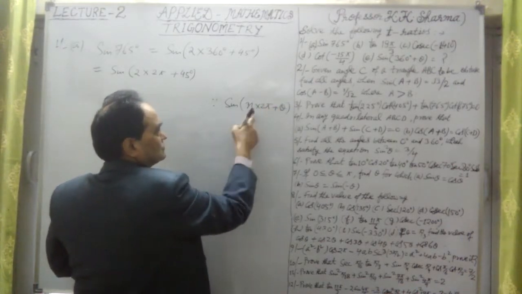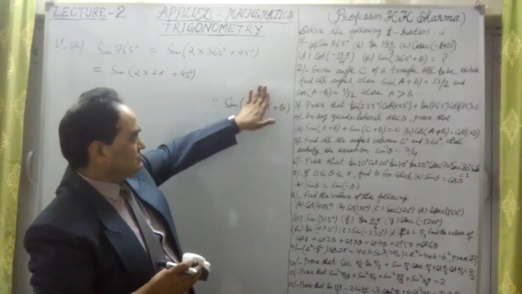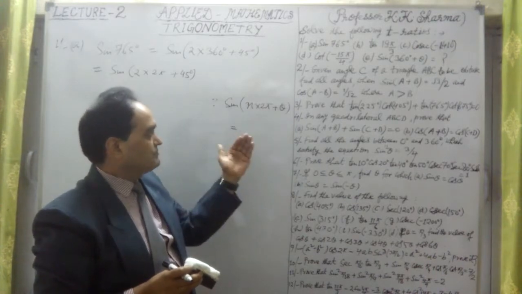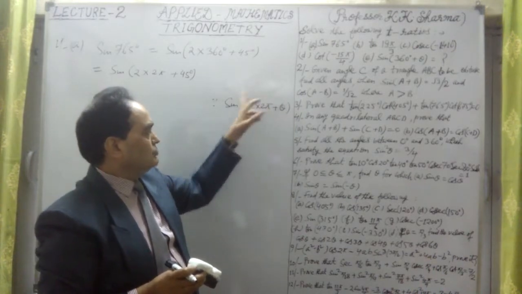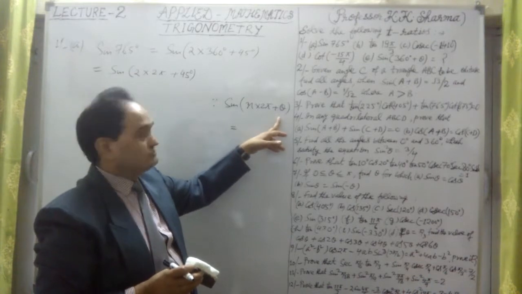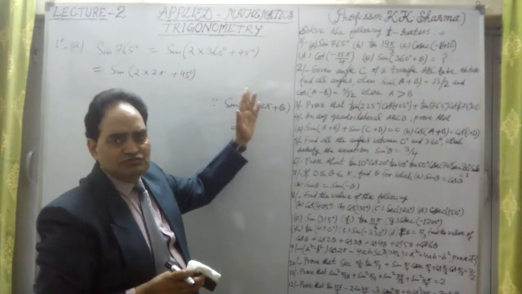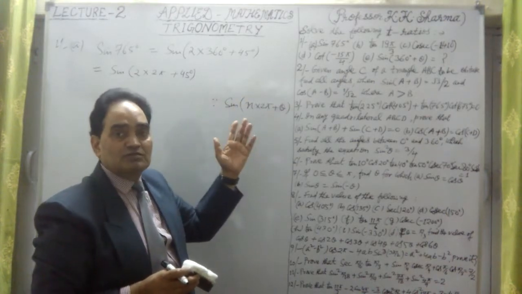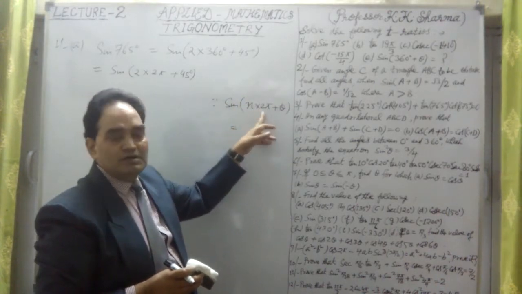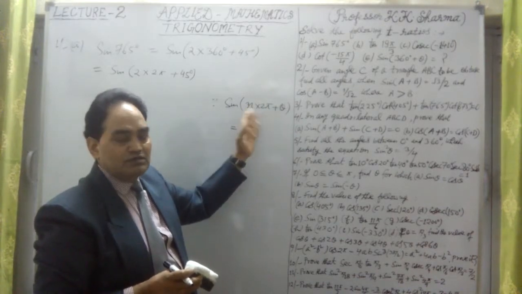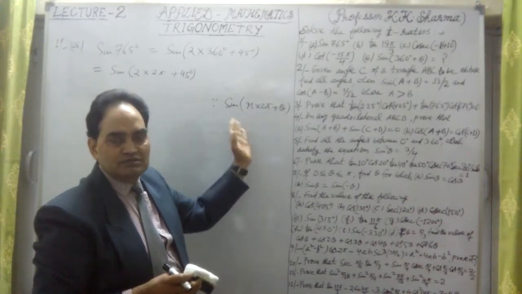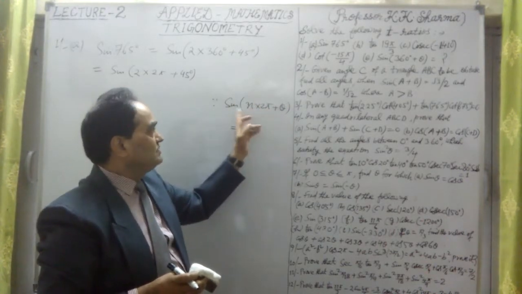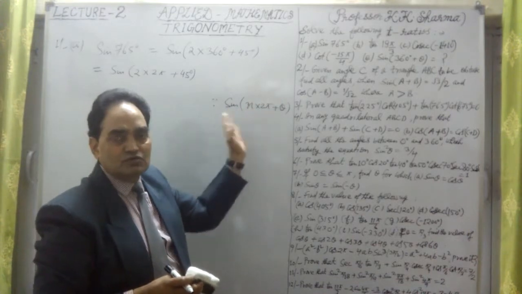This falls in the first quadrant, because 360 degrees is a complete revolution, the whole plane is completed, and after that comes plus theta. In the first quadrant all are positive, but whenever 2 pi is there, such as sine 2 pi plus theta, sine 3 pi plus theta, and so on, the same applies to sine, cos, tan, cot.